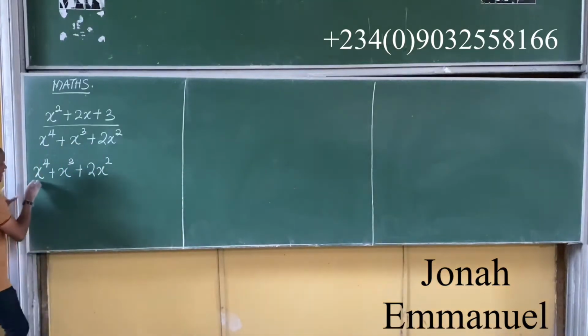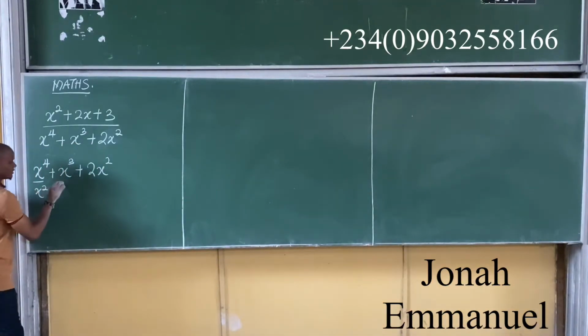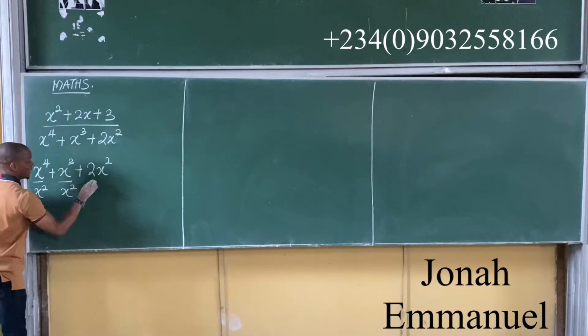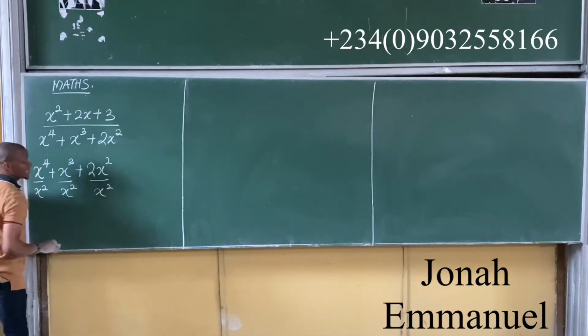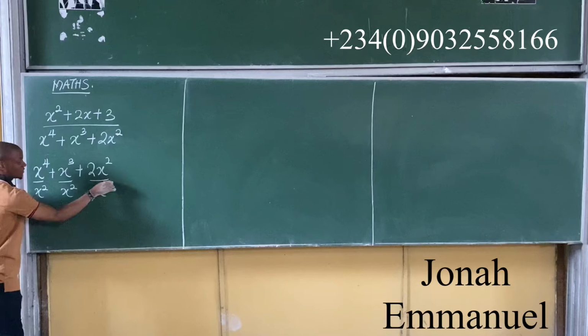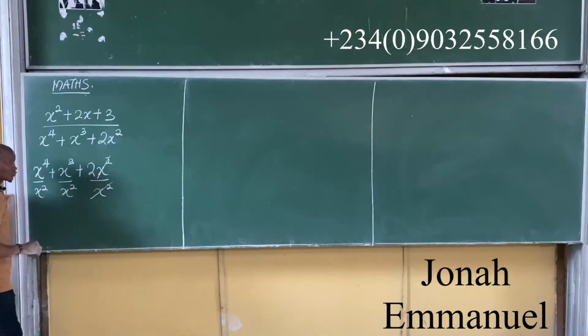I can divide here by x squared, divide here by x squared, divide here by x squared. In this case now, this cancels this. I'm left with what? 2. This cancels. I'm left with what there? X. This cancels. What do you have there?